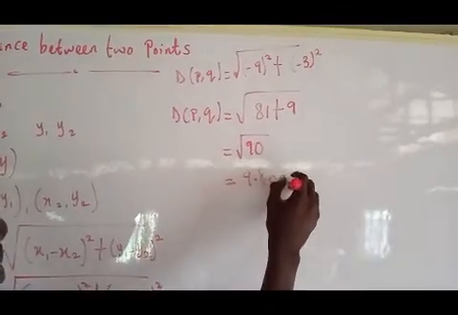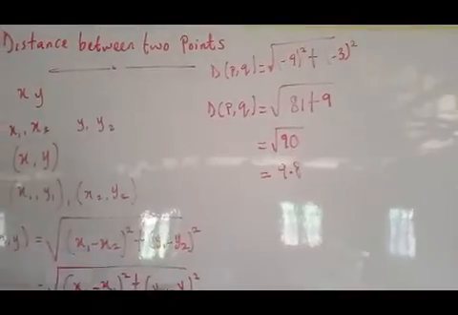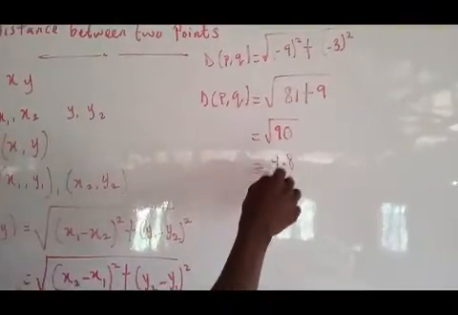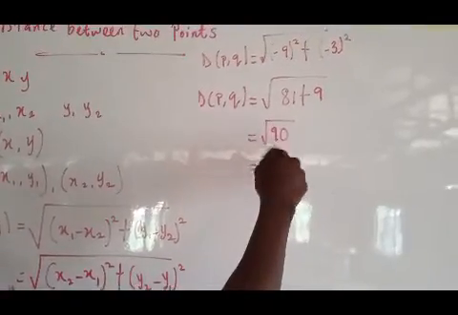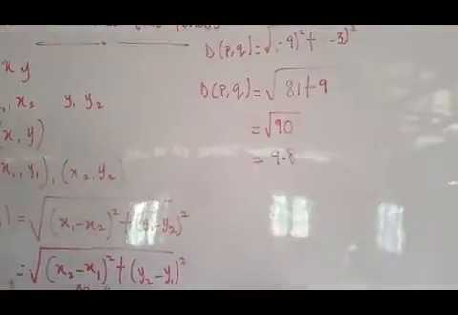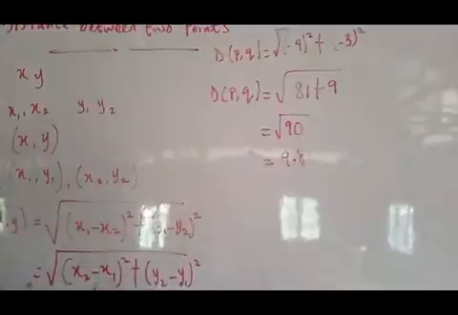So 9.8 will be the final answer there, because if you punch your calculator, square root of 81 is 9, then the other values there will add up to this. All right, so this is that on the first example.